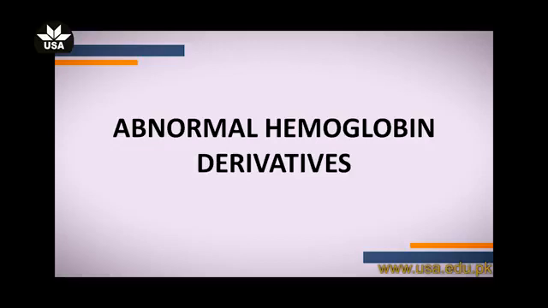Now let us understand something about the abnormal hemoglobin derivatives. Hemoglobin derivatives refer to a blood test to detect and measure the percentage of abnormal hemoglobin which is actually present in the blood. Hemoglobin is the only carrier for the transport of oxygen.